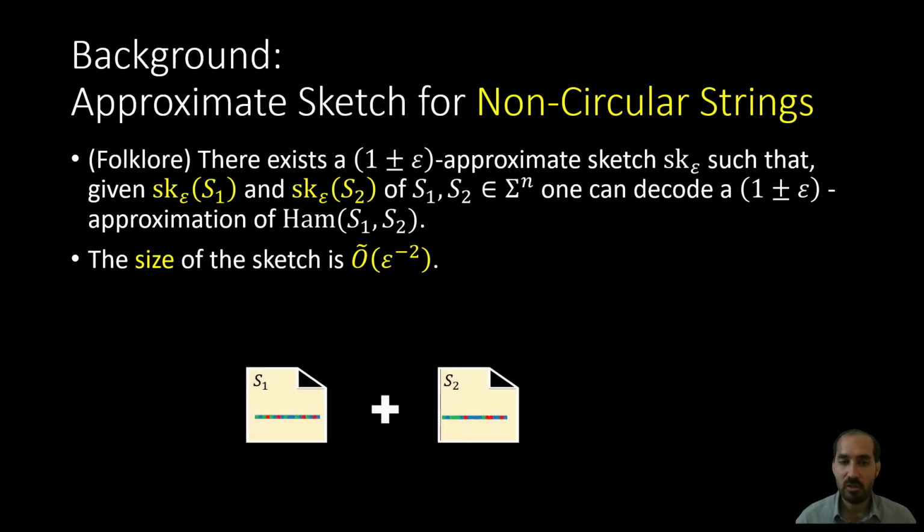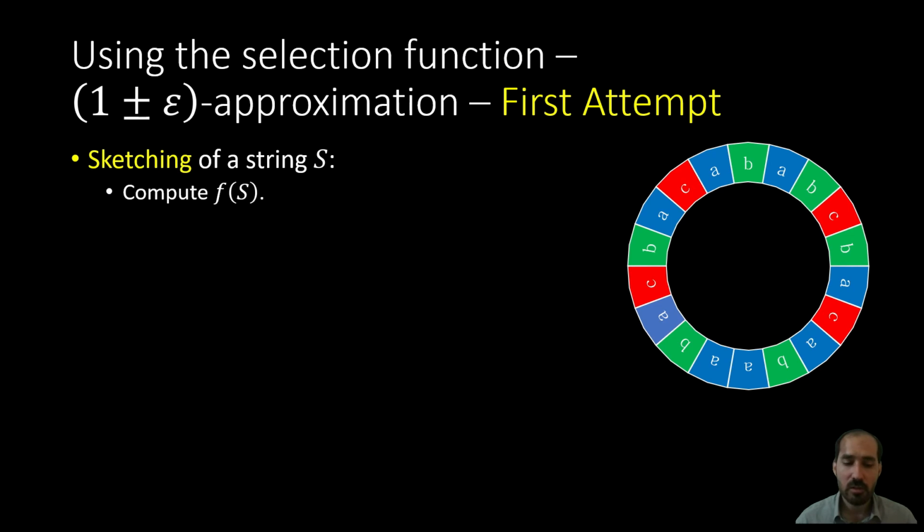The size of each sketch is O tilde of epsilon to the -2, and given the sketches of two strings, there is a decoder that approximates the Hamming distance of S1 and S2 with a 1 plus minus epsilon approximation factor. And we will use these sketches as a black box.